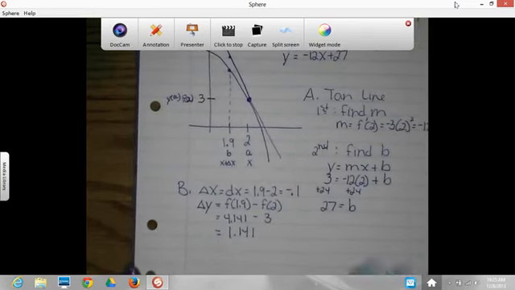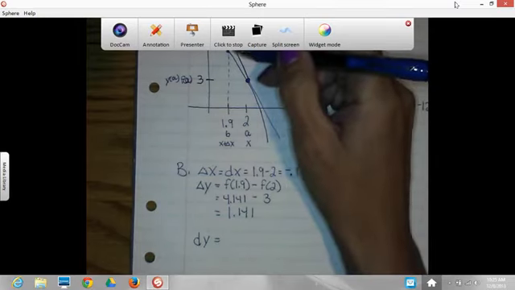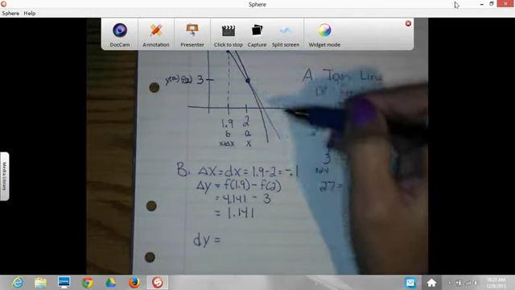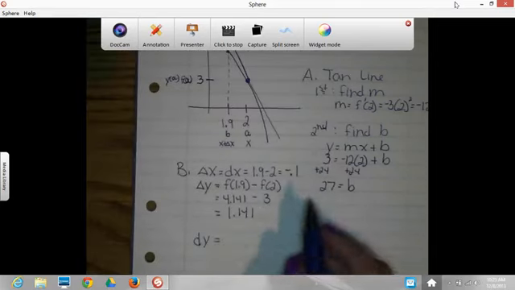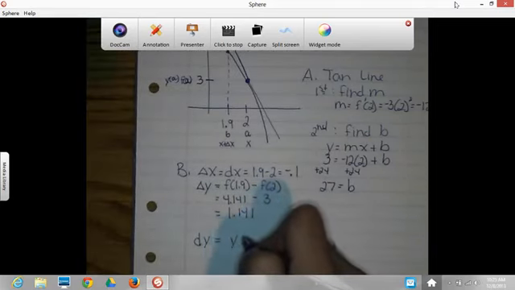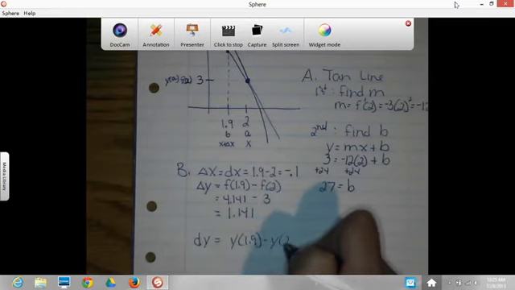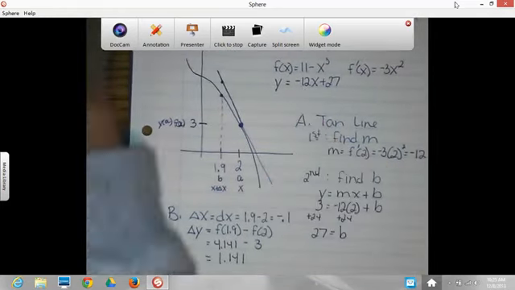Okay, now the dy. The dy was that special one. There were two ways to get it. We are going to do both ways. They should come out the same. So the dy is the change in y values on the tangent line. The tangent line y values. So just real quick, it's y of b minus y of a. So it's y of 1.9 minus y of 2 using the tangent line equation right here.